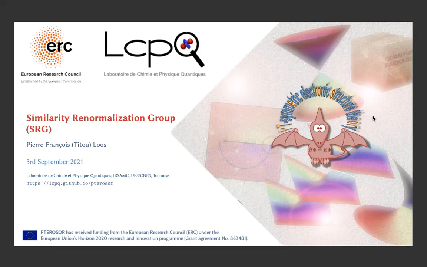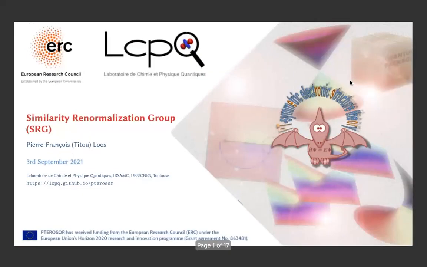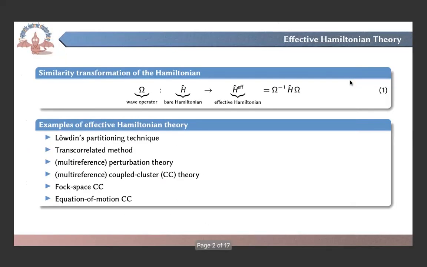As with most methods, it has been imported into quantum chemistry. The SRG is based on effective Hamiltonian theory, which is a very, very general technique.